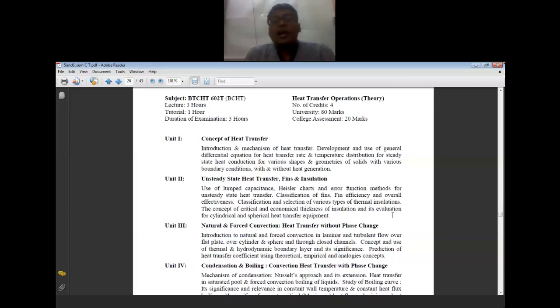The next is the insulation. Insulation is to prevent the heat losses. That is to optimize or reduce the cost of heat. In case of your refrigerator, you are putting the insulation on the complete walls of a refrigerator.